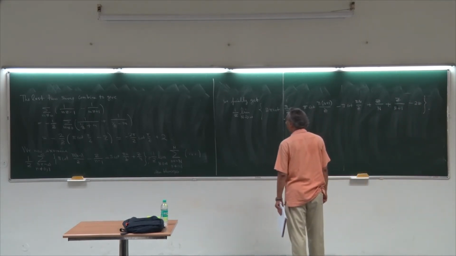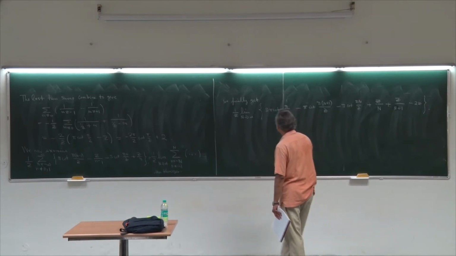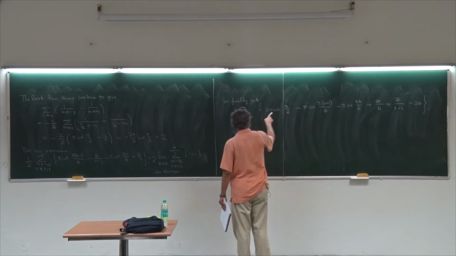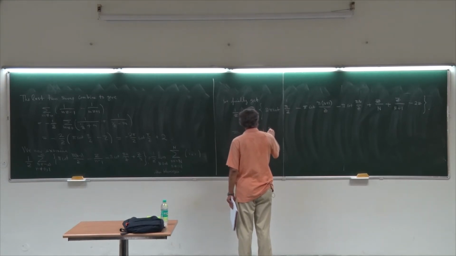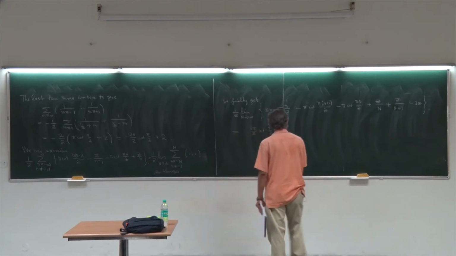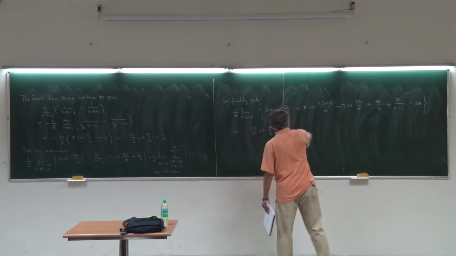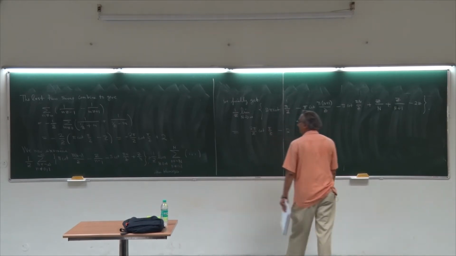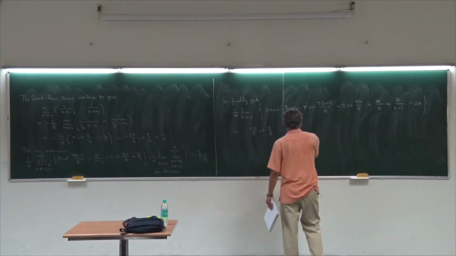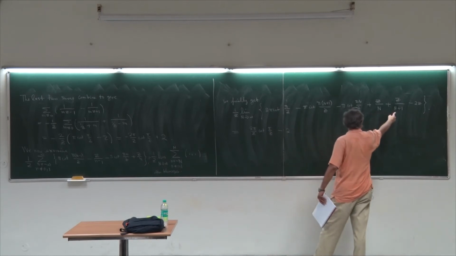What we end up getting. And so we see from here that the first one is pretty clear. It's going to be just 2 pi over z cotangent pi over z. And the last term is going to be minus 2. And then these two terms, of course, go to 0.